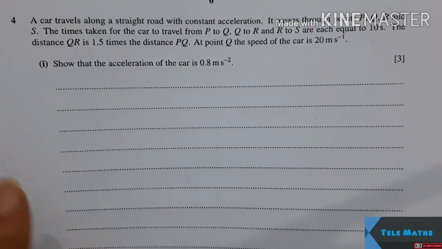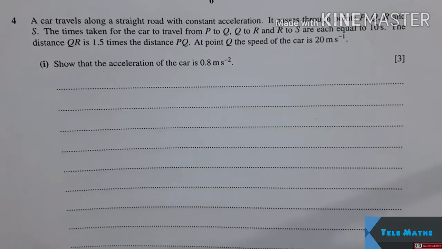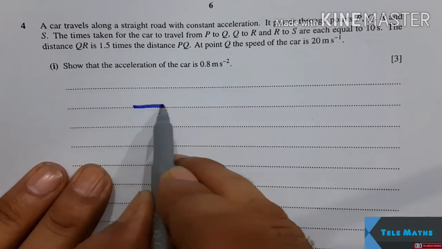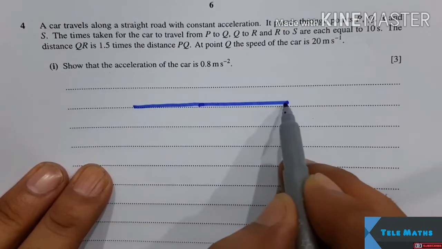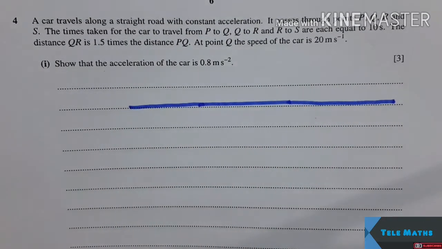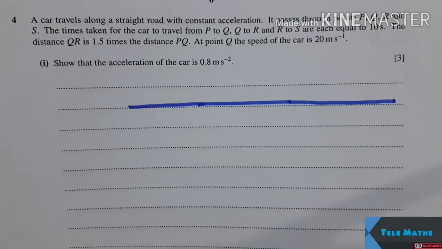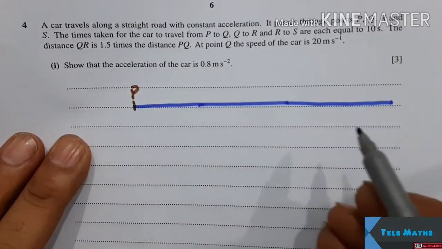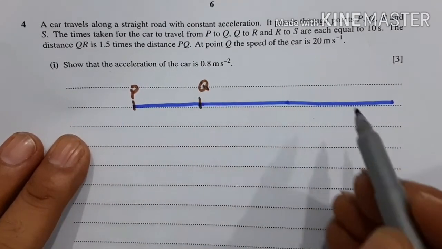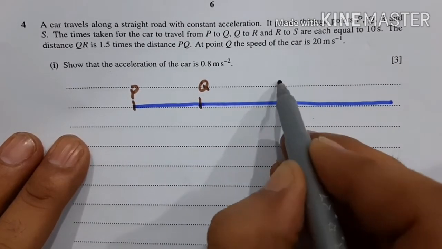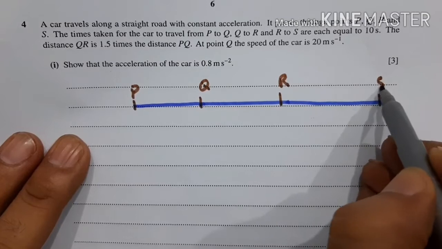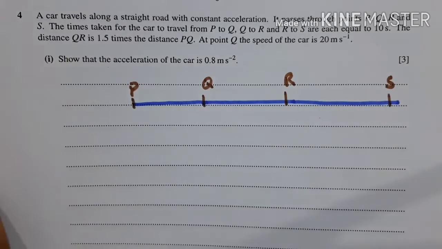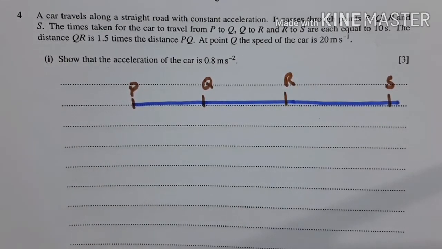Okay. For this, we need to draw a little diagram here. Let's suppose this is the straight road. This is point P. This is Q. This is R. And this is S. As you can see, the distance is increasing because the car is accelerating.